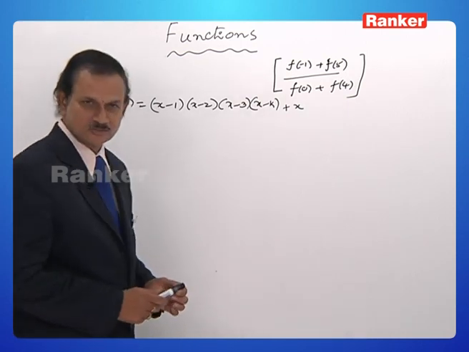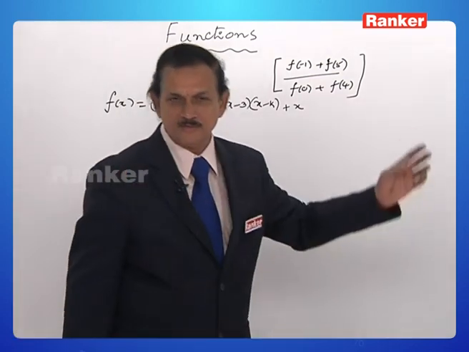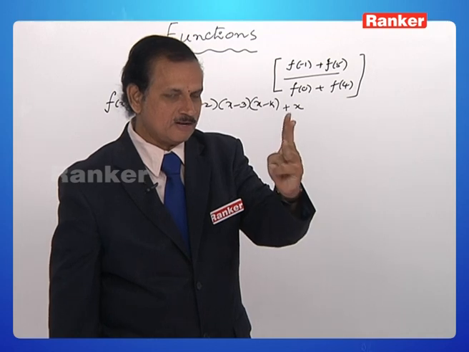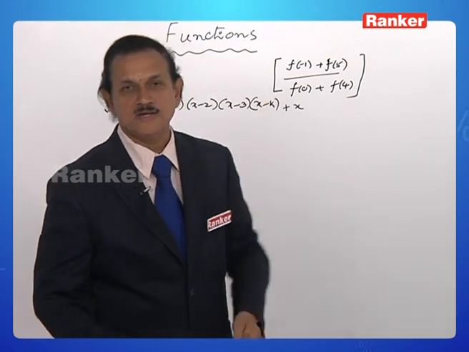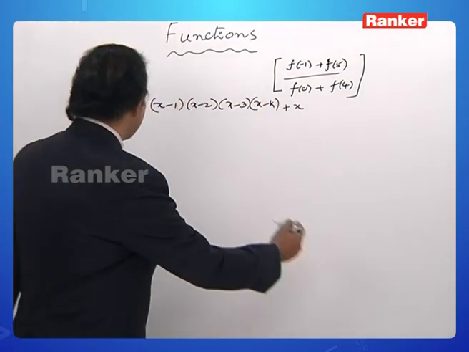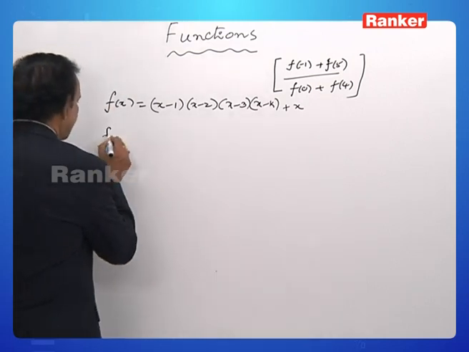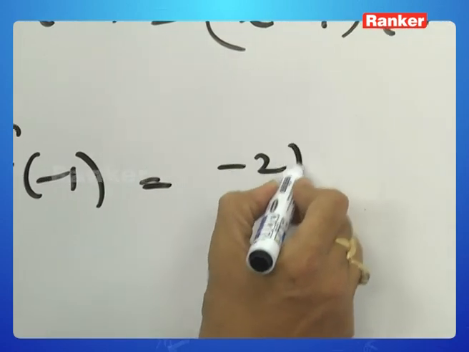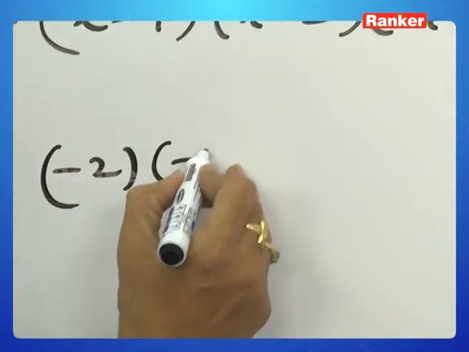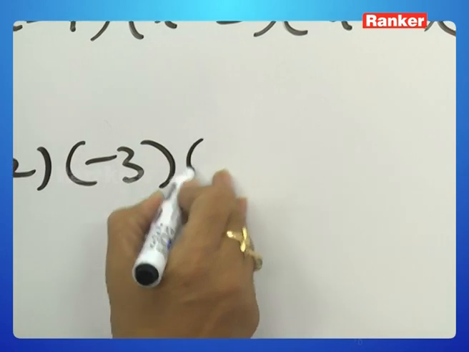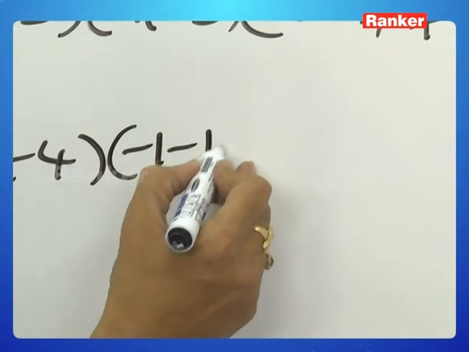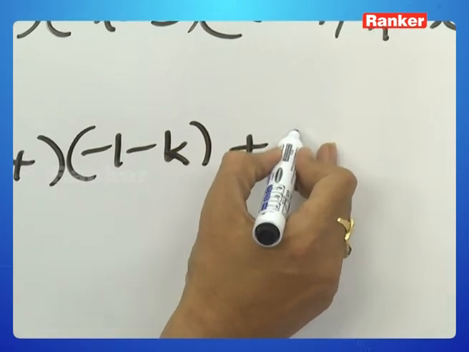Let us face the question. What are the things required here? Four things are required: f(-1), f(5), f(0) and f(4). Let us try to find them. What is f(-1)? (-1-1)(-1-2)(-1-3)(-1-k) plus (-1).